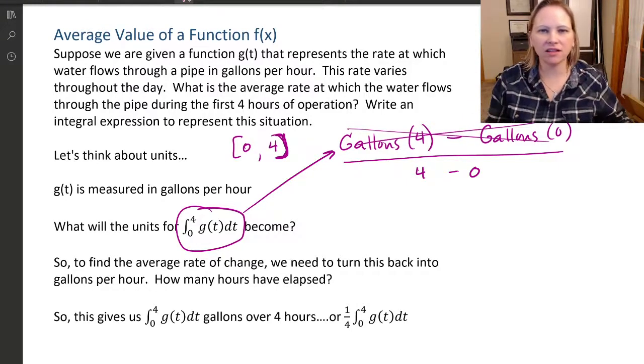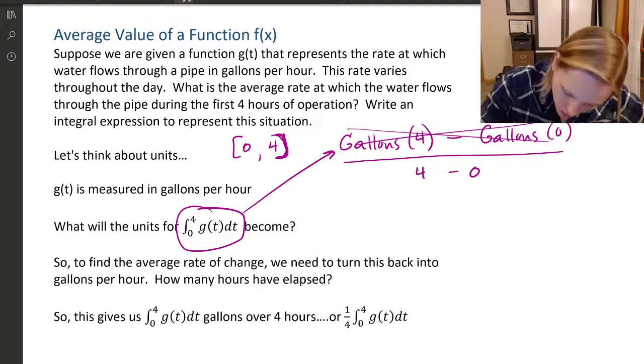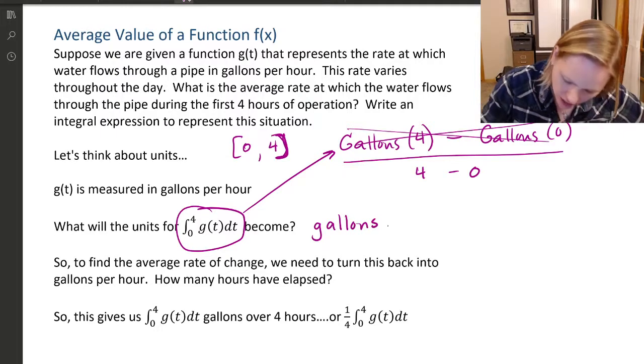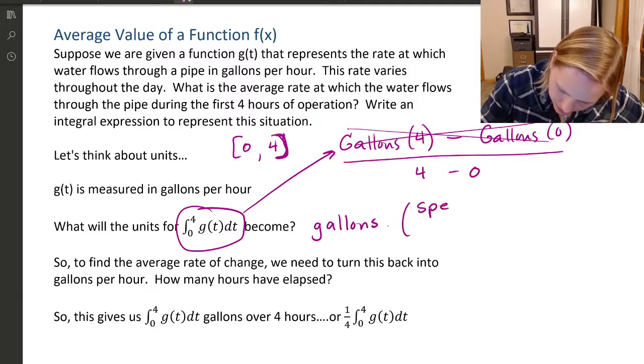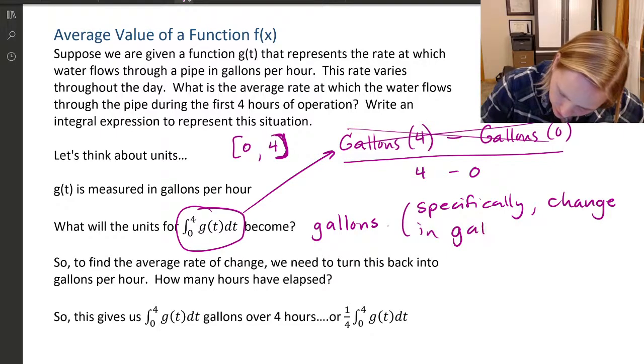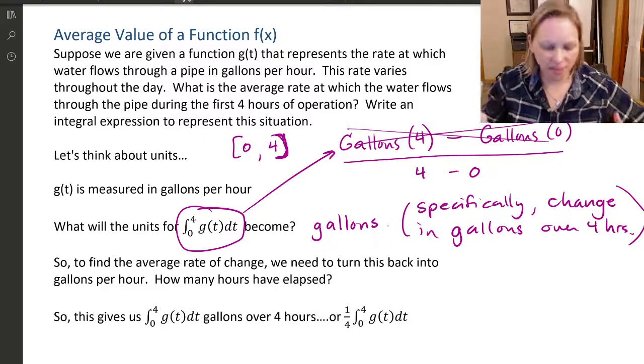I'd get the amount of gallons that have changed from time 0 to time 4. So these will become gallons. And specifically, it's the change in gallons over those 4 hours. How many gallons have you added to the tank?